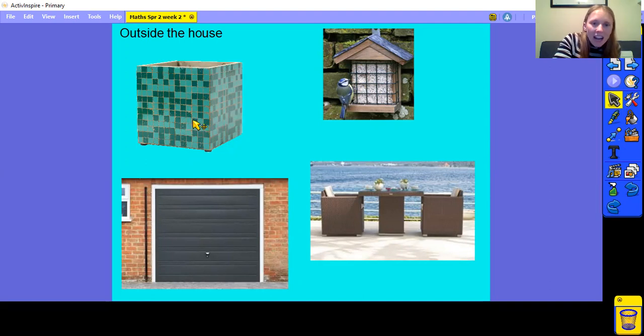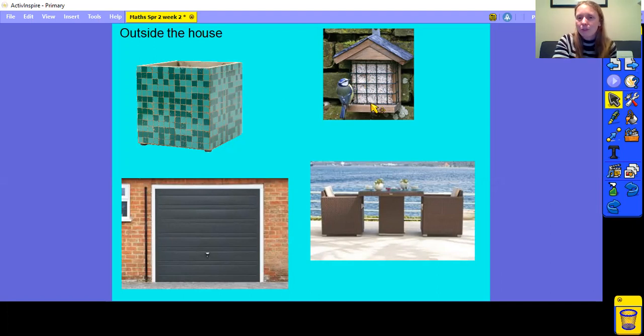Now, I can see that this planter has lots of squares on it. They're very small squares, they're tiny, but they have 1, 2, 3, 4 equal sides and 1, 2, 3, 4 corners. If you're not sure, pause the video and have a really good look just to make sure that those properties are there.